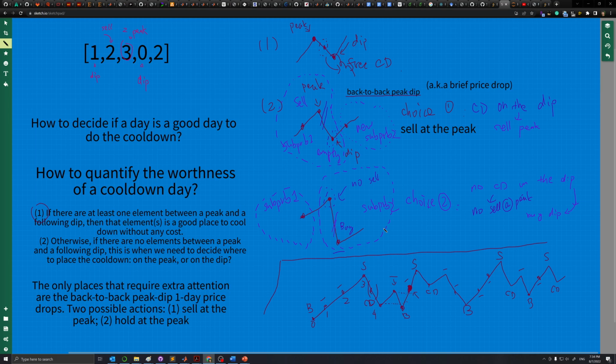Are they gonna give us the same value? Definitely not, because those are two different choices. So these are two different cuts of the array. So we either cut it one way or we cut it in the other way.